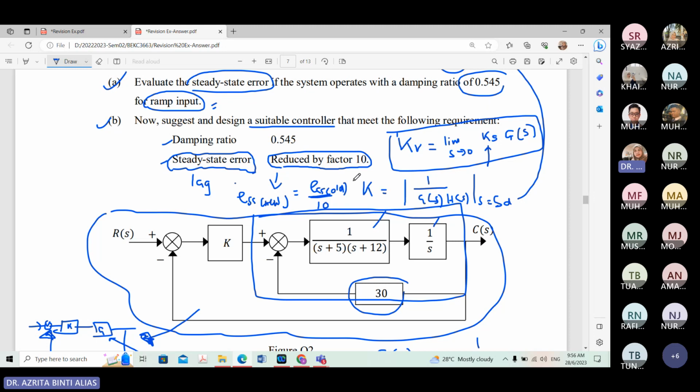We want to reduce, not make our steady state error larger. Reduce by a factor of 10, so that's why divide by 10. And don't divide by 2 just because before this we always divided by 2 in all the questions. So please look at the design requirements. For this question, they ask us to reduce by a factor of 10, so you need to divide by 10.